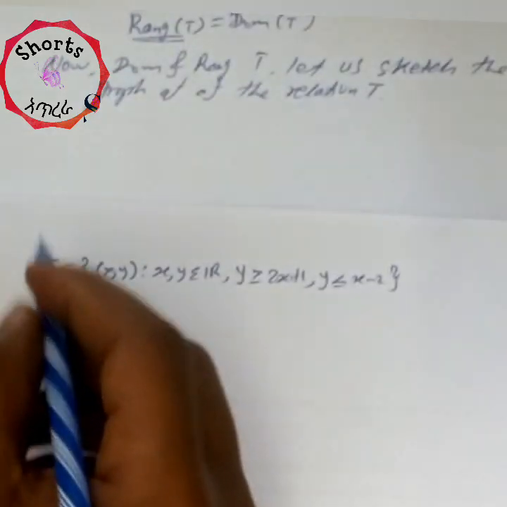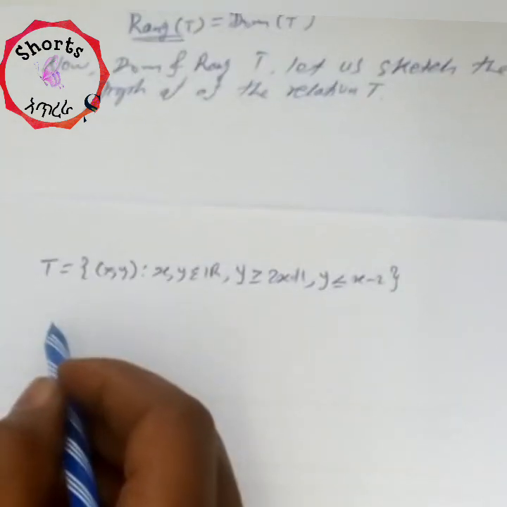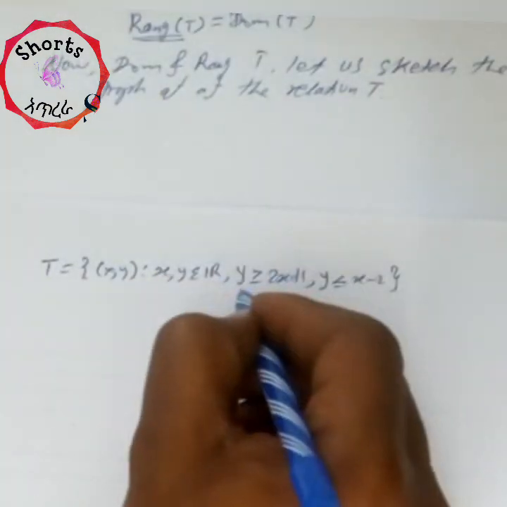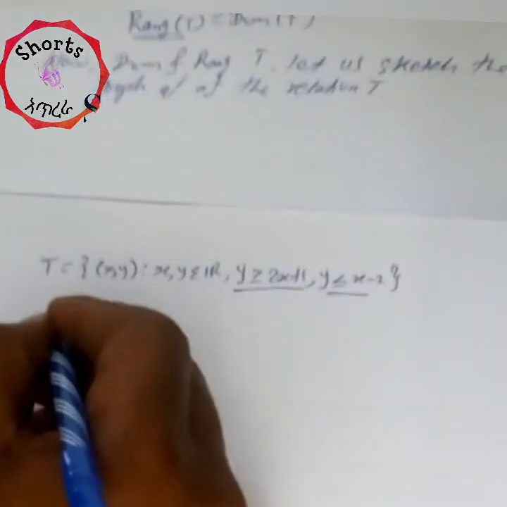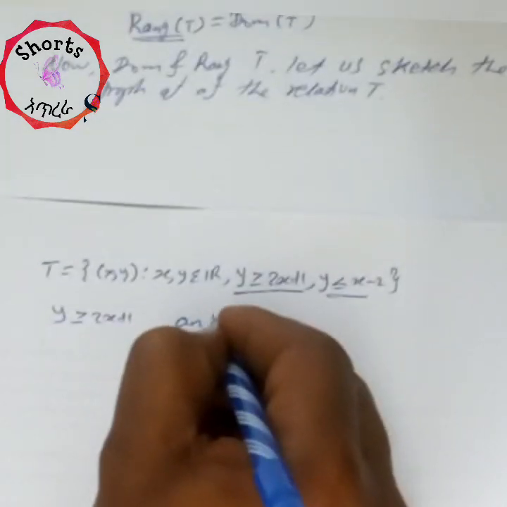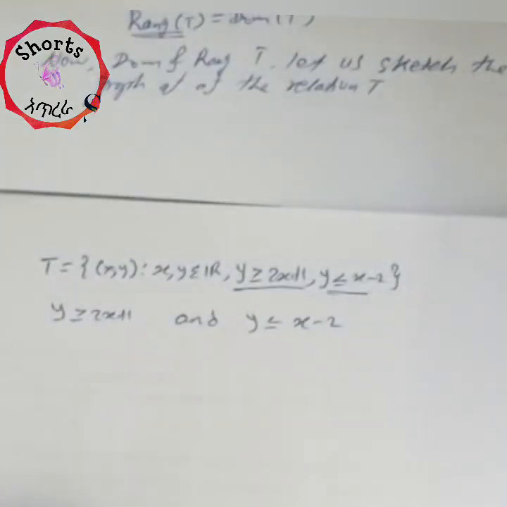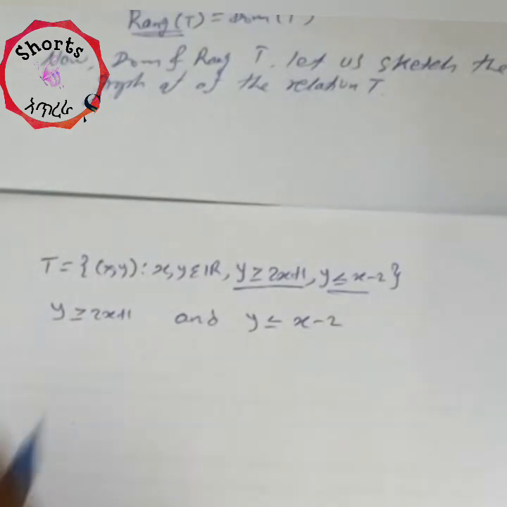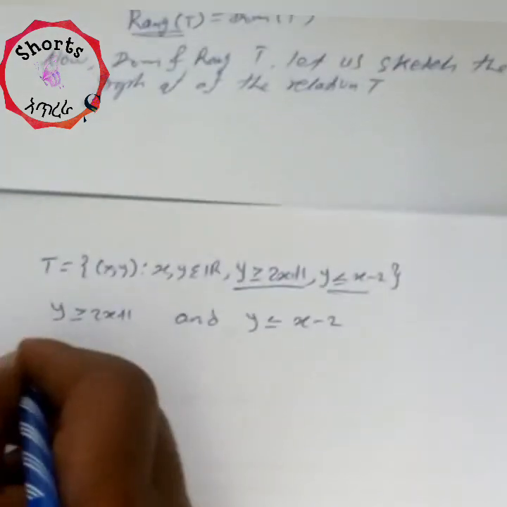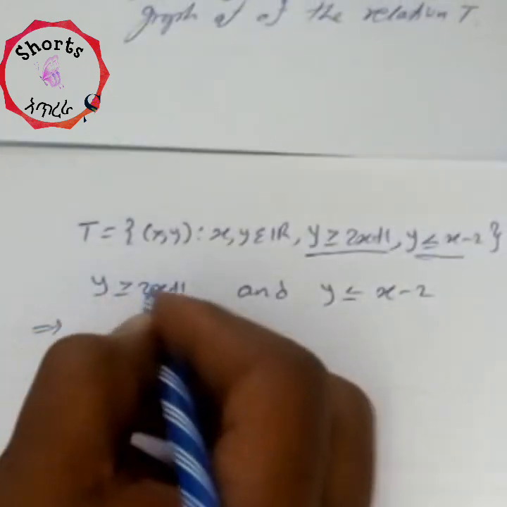To sketch the graph of the relation T, we consider the two inequalities: y greater than or equal to 2x plus 1 and y less than or equal to x minus 2. To sketch such a graph, first we have to consider the equality version of the inequalities. That is, first we sketch the graph of the equalities.